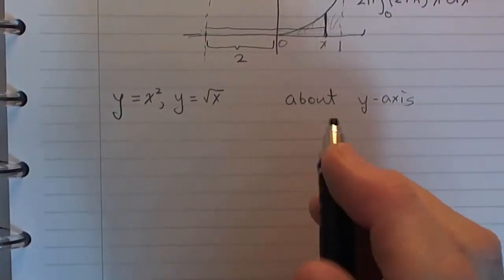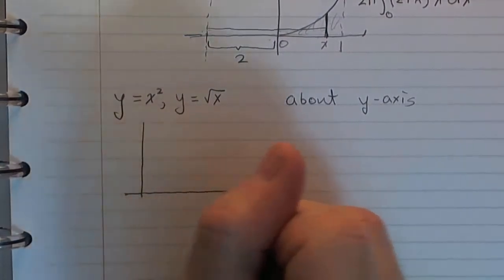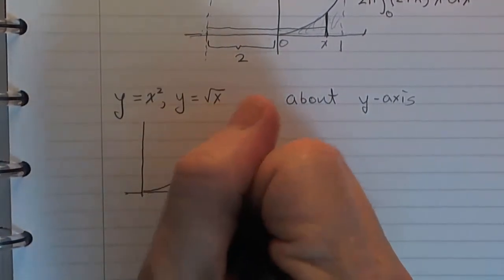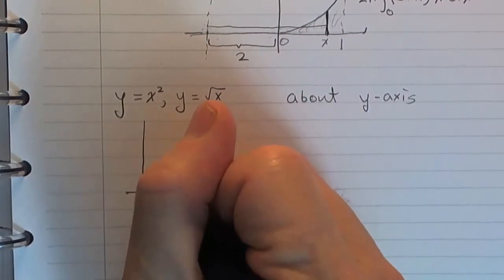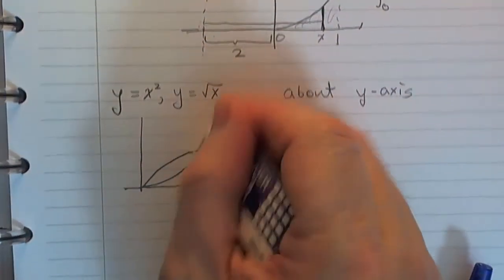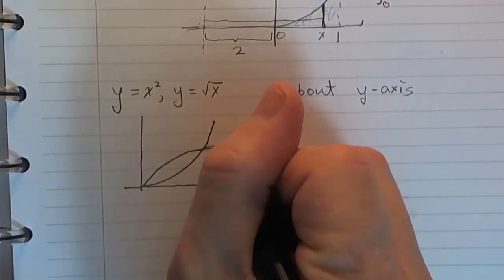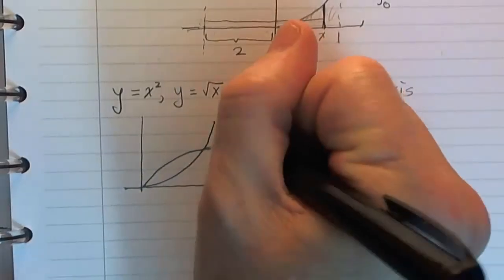So what would be the setup on that? Well, if you look at this region, we've got y equals x squared, y equals the square root of x.